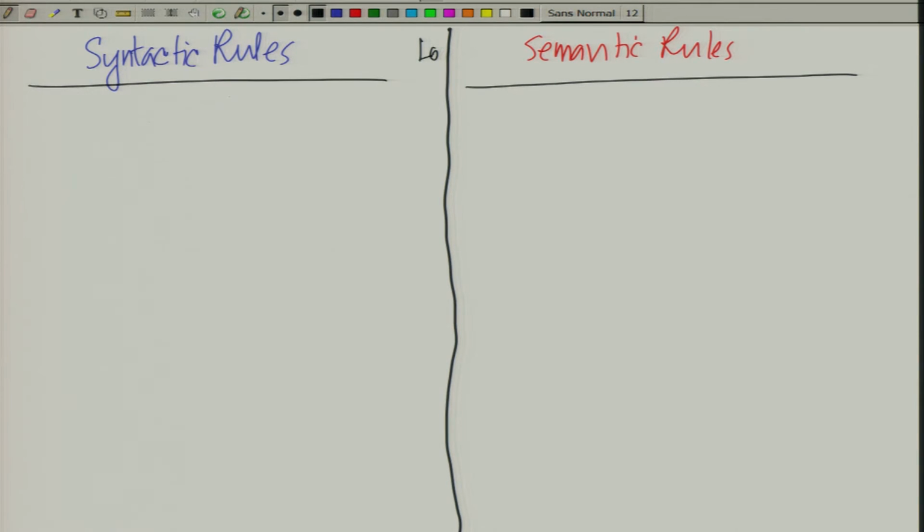We have the following rules. Syntactic rule 1 would say that if delta is a one-place predicate and alpha a name, then delta alpha is a sentence.